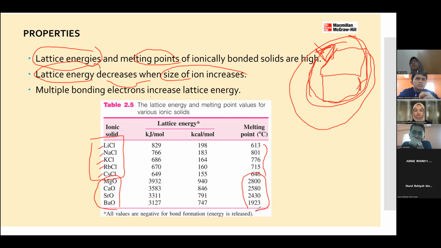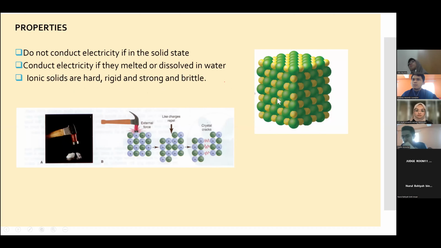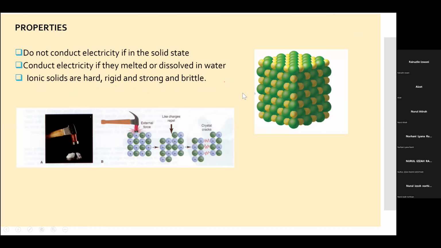So this is the reason why ionic solids have a high melting point, because they form a structure like this. Structures like this make a high melting point, high boiling point, a hard, rigid structure, but also brittle.